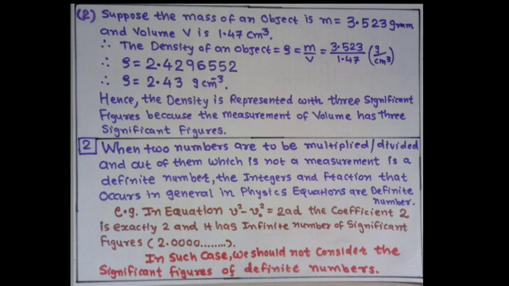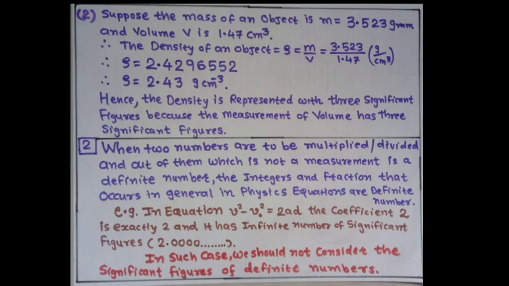Second point, when two numbers are to be multiplied or divided and one of them is not a measurement but a definite number, the integers and fractions that occur in general physics equations are definite numbers. Let us understand with one example.